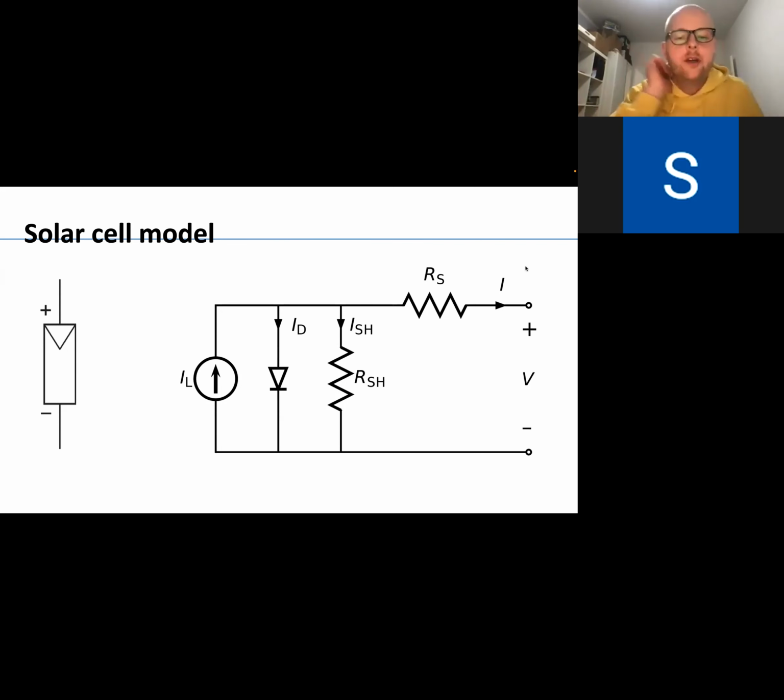Then there's usually a diode modeled in parallel with the current source. Usually with silicon solar cells, it's around 0.6 or 0.7 volt. And there's some series resistance. So using this model, you can track an IV curve out of your solar cell.